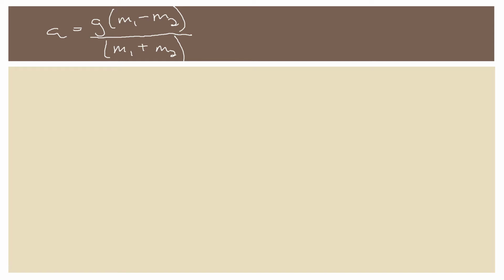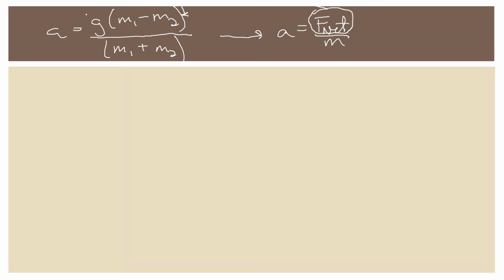And what I want everybody to realize is when you are doing this and solving for the acceleration, the equation for the acceleration is always going to take the form of a equals F net over m. And so what that means is whatever is in the numerator of your acceleration equation, that's going to be F net.